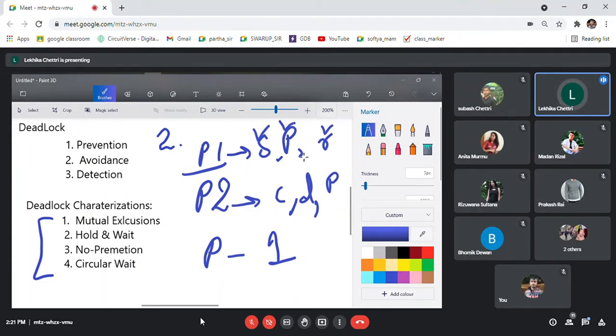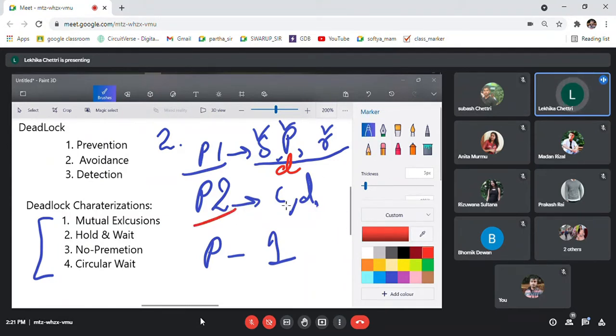Now, for P1 to complete its task, process P1 needs D, and it is currently holding S, P and R. That means P1 has S, P and R, and to complete it needs resource D. Similarly, now I have process P2.